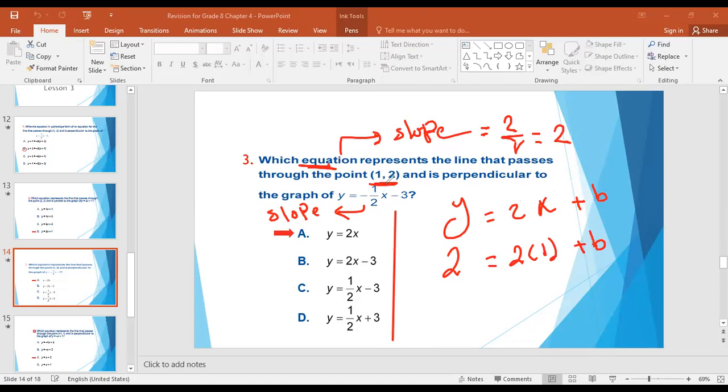We substitute the point into the line. One is x, two is y. So 2 minus 2 equals b, then b is 0. Now it will be y equals 2x plus 0, which is 2x.